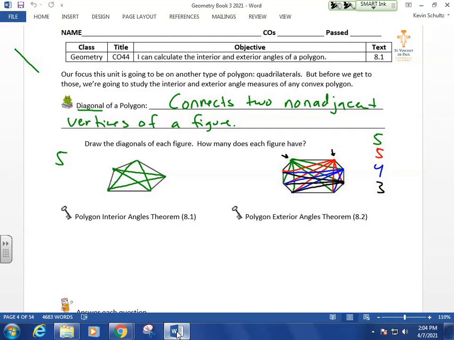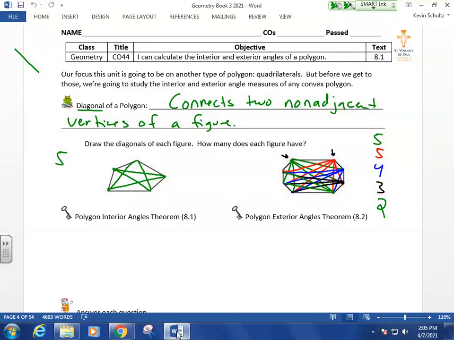How many diagonals, I'll go back to green again. How many diagonals can I draw from my next point? Right here. I can draw two new ones, right? I've got a blue one going up here, a red one going straight up, a green one going diagonally across there. I can draw 1, 2.